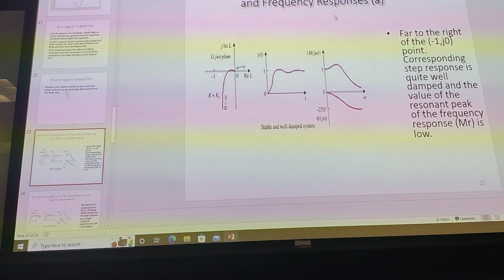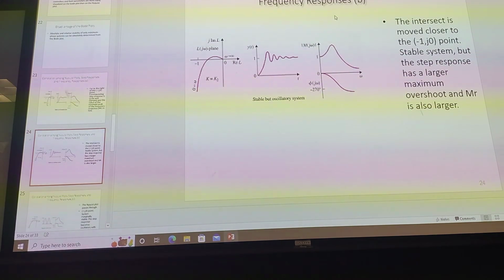For some value here, the system is stable, and we have an underdamped system which is stable. Here is the resonant point, which has a value at some frequency.